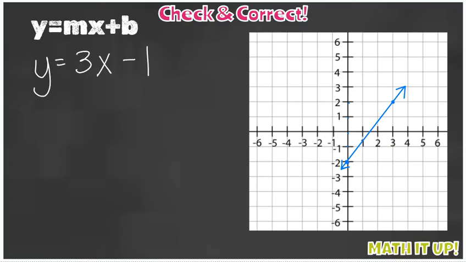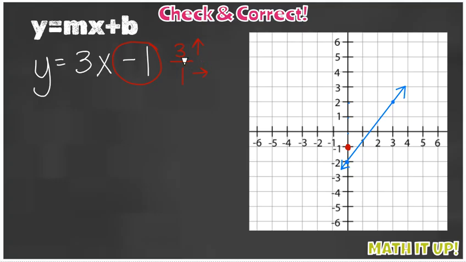Welcome back. We're going to begin by graphing this line, and then we will find out the equation for this line. So our graph here is going to start with a y-intercept of -1. So that is our first point. And then we're going to use our slope, 3 over 1, to count from there to form a second point and form our line. So again, positive, I'm going to go up.